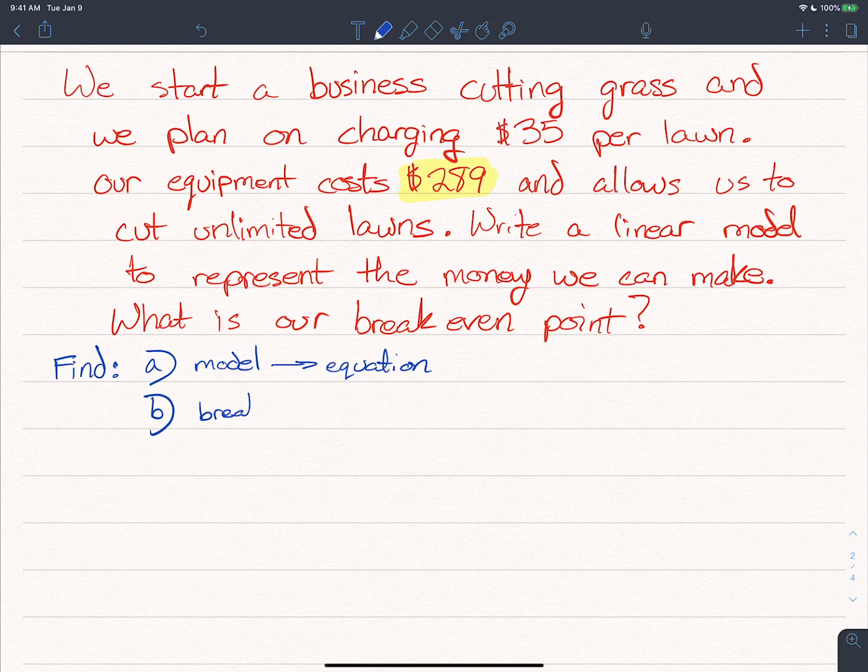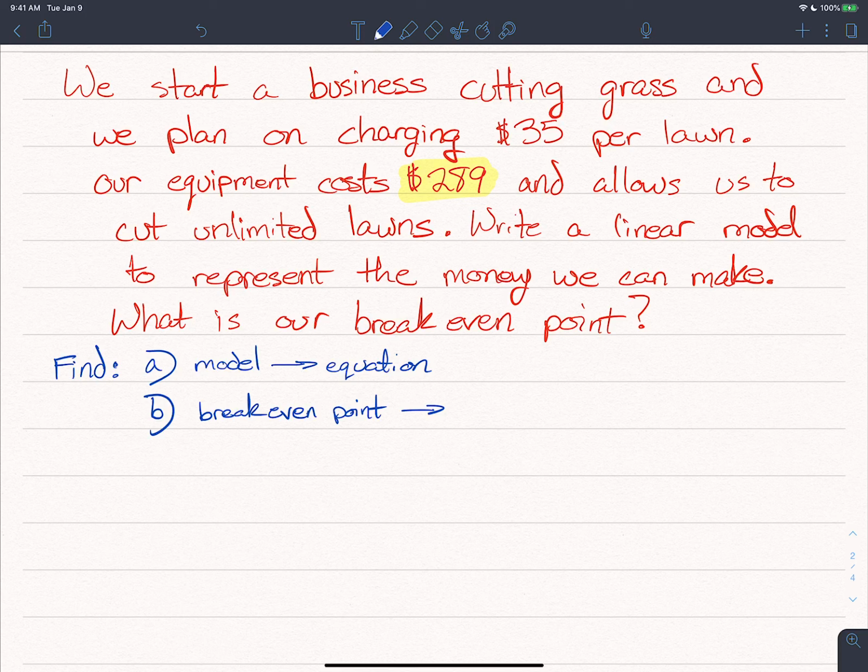But let's dig a little deeper into what that means. Basically, in this case, the break-even point will be not our starting point, but the place where the amount of money we make is zero.